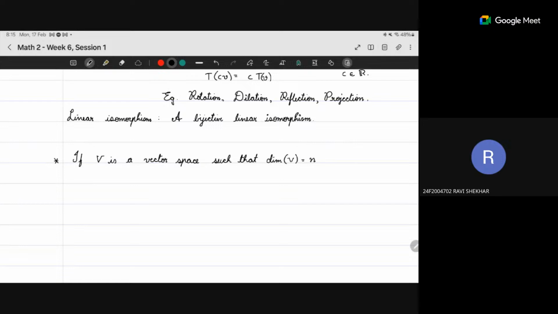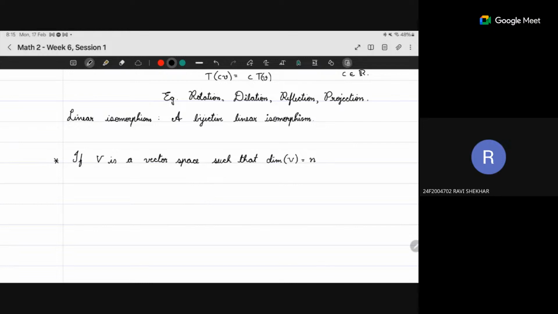Can someone give me one of the consequences of that? Linearly independent vectors are there. Yeah, but you need a little bit more, not just linearly independent, right? There is one more condition that is required. If I take, for example, Rn plus 1, this also has n linearly independent vectors. They span the entire vector space.